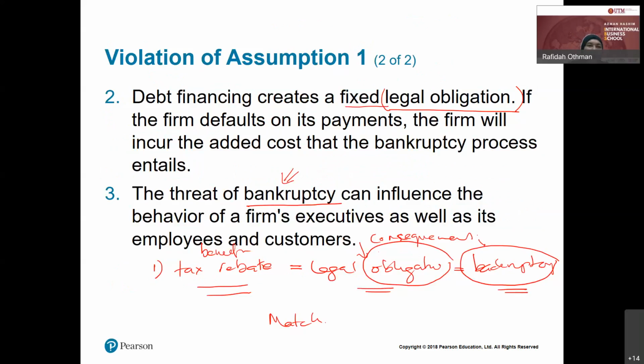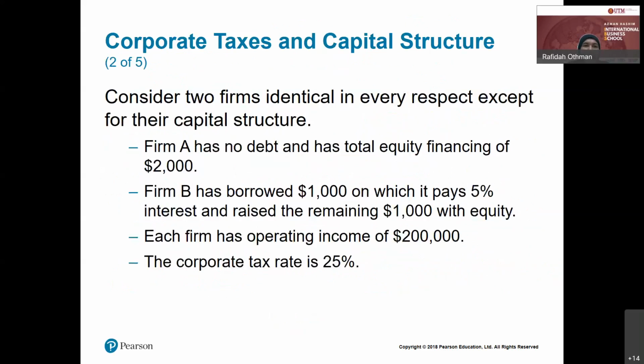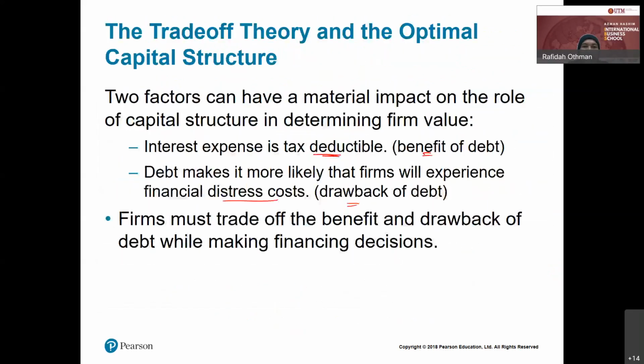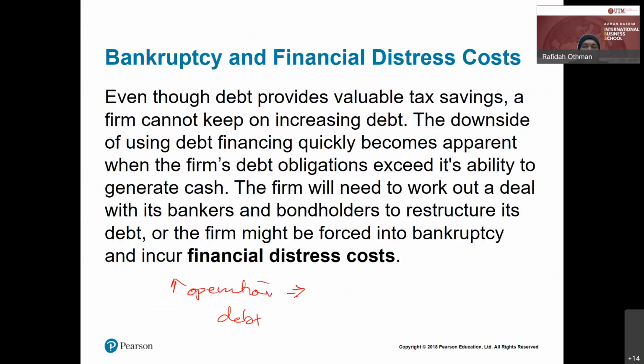But at another point, this is actually good when we are trying to cater for agency theory. Why is it good as a control mechanism over agency problems? Because managers have this obligation to pay interest, so they have to make sure that they have enough profit to be able to pay interest every year. So this is kind of motivation for them.